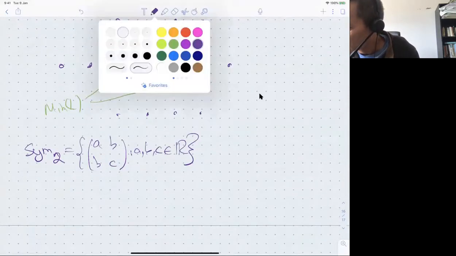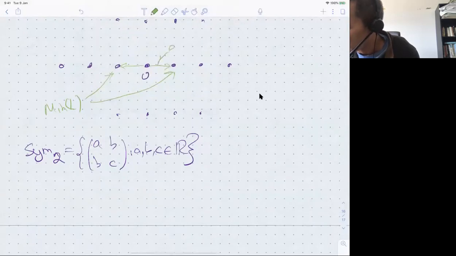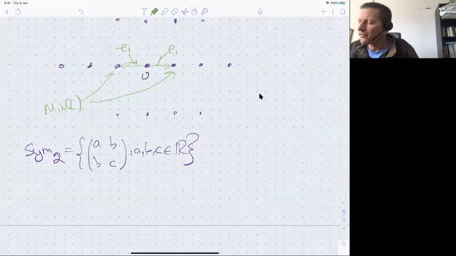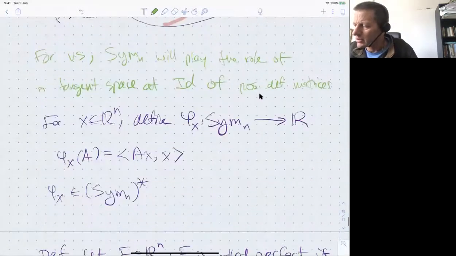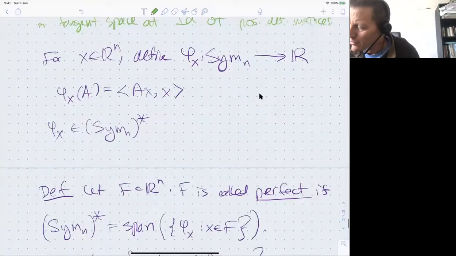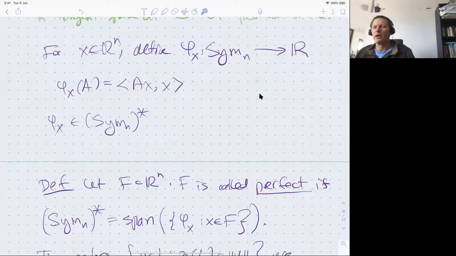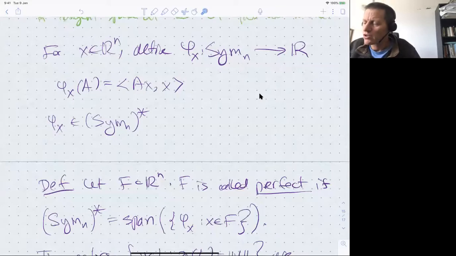The minimizers we said are E1 and minus E1. If you look at this functional and you multiply a vector by -1, you don't change the functional. So actually we only have one functional in this case.